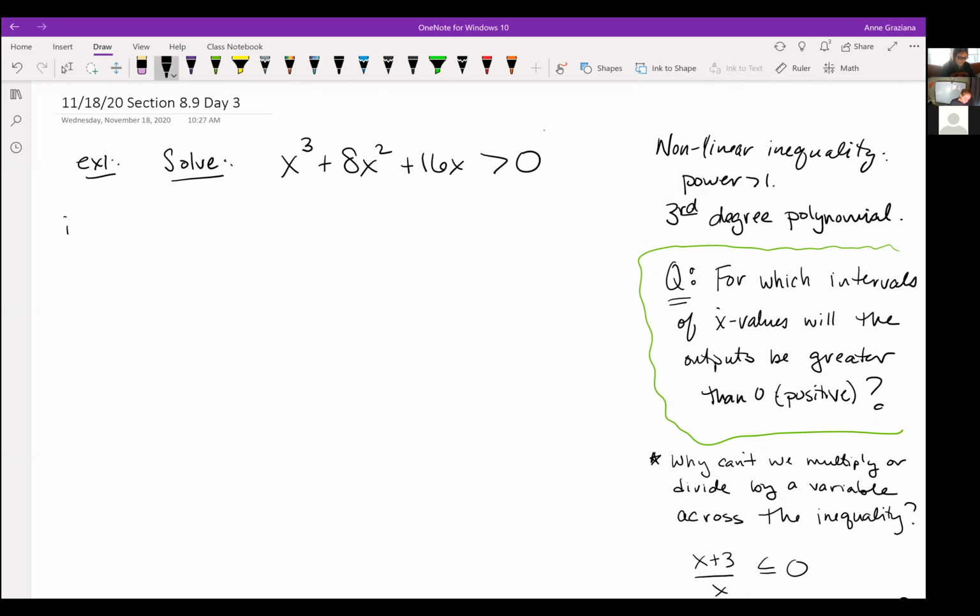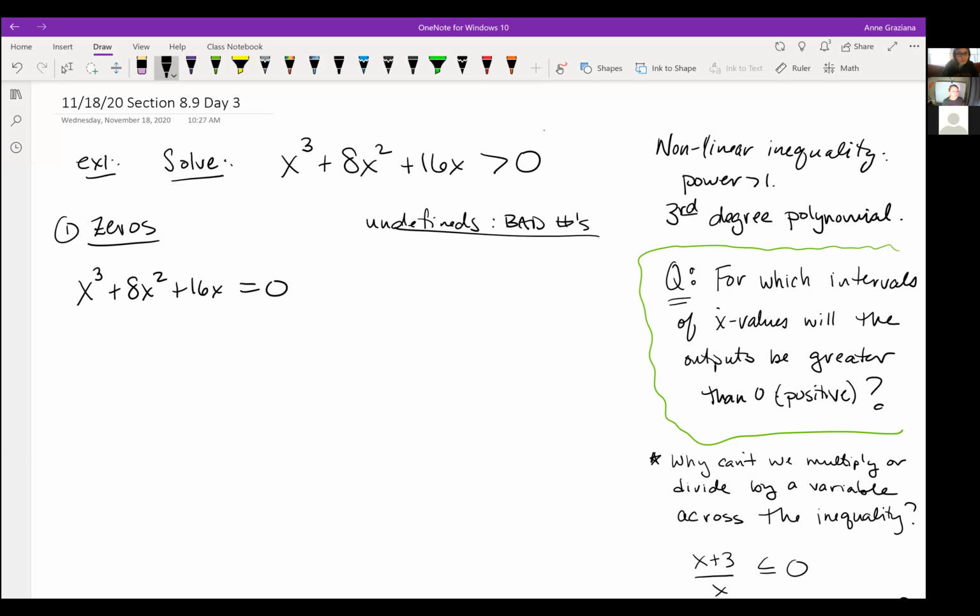So step 1, let's find our zeros and our undefines, or our bad numbers. For zeros, I'm going to set my function x cubed plus 8x squared plus 16x equal to 0. Not greater than, equal. That's how you find the zeros. And then it's just like what we've been doing.